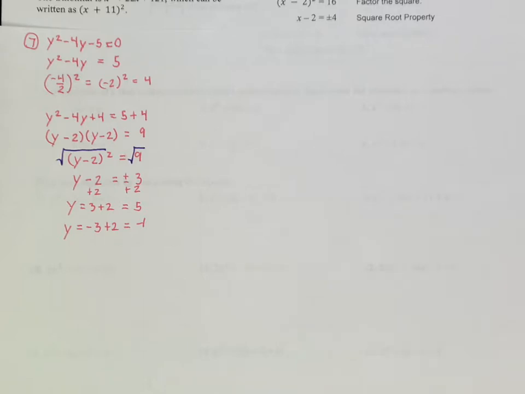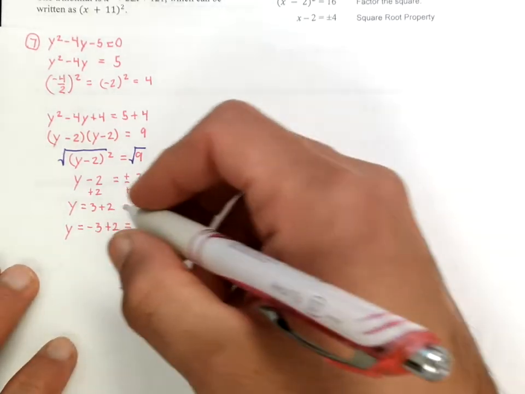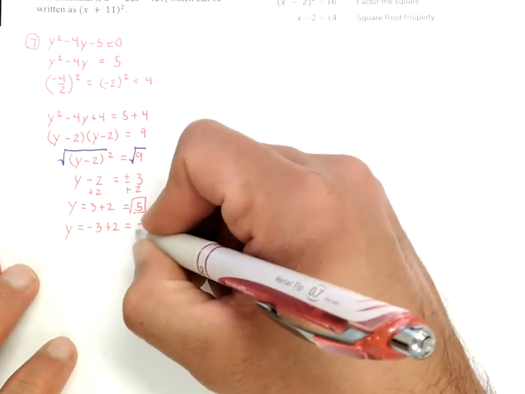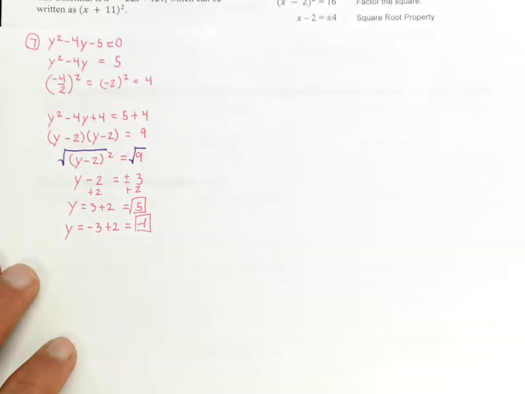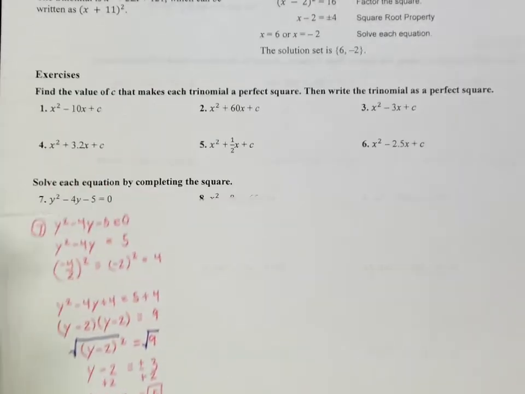That's it for that part. Let me look through this. Again, these are your two answers. You got this one and that one. Two solutions.